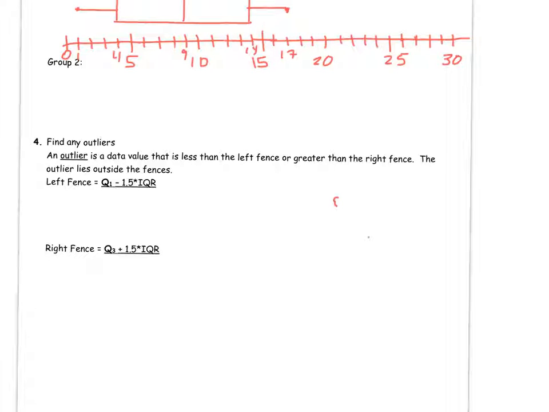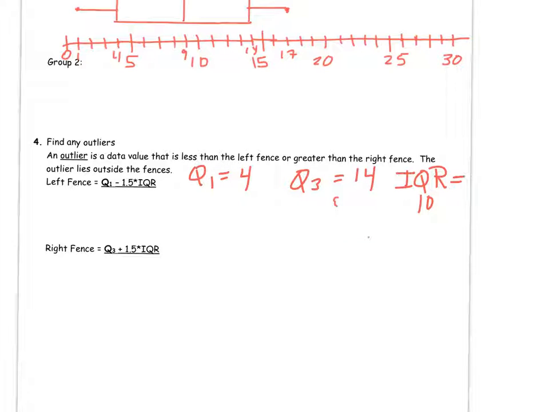Let's remind ourselves, what is Q1, because we're going to need that. Quartile 1 is where the box begins, and it's the number 4. Quartile 3 is where the box ends, and for Group 1 it was 14. And then I also need my IQR. IQR was 14 minus 4, or 10.